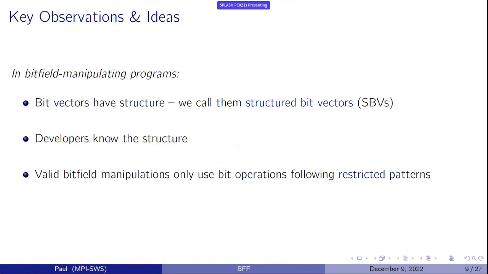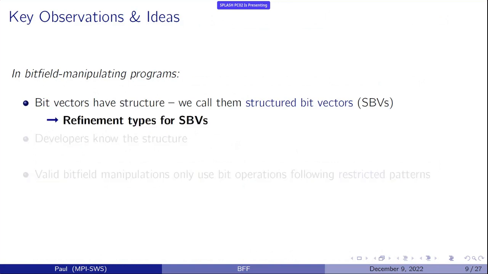Following these key observations, we propose a new approach based on the following ideas. First, we extend RefinedC's type system with new types that can represent structured bit vectors. The most important thing here is that we encode their structure information.